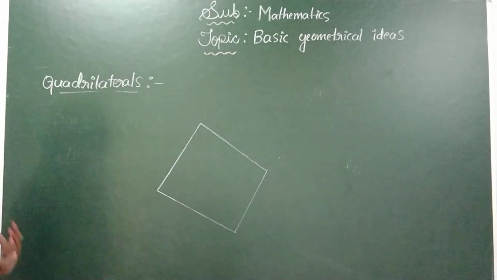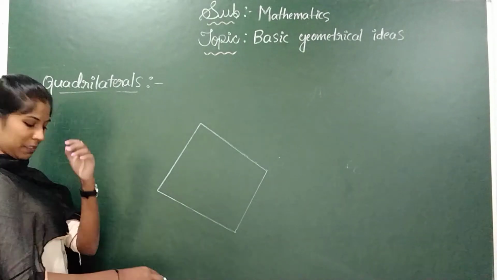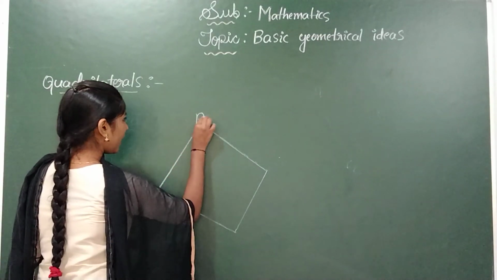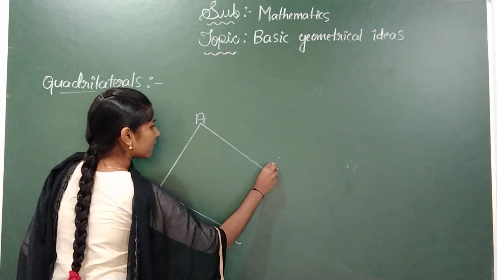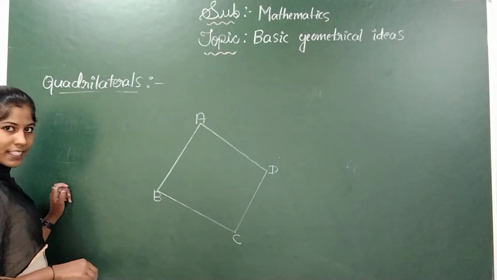So it is one quadrilateral made with four line segments. So how many line segments? The quadrilateral ABCD. This is a quadrilateral and it is made by four sides.